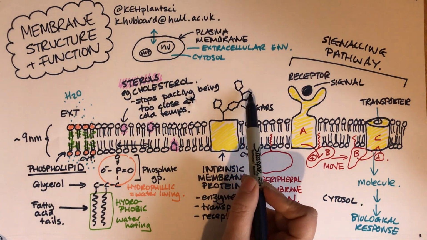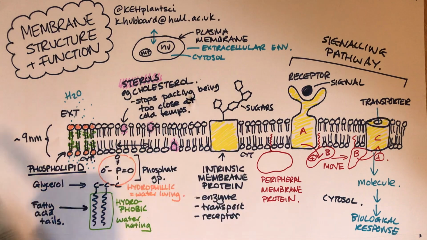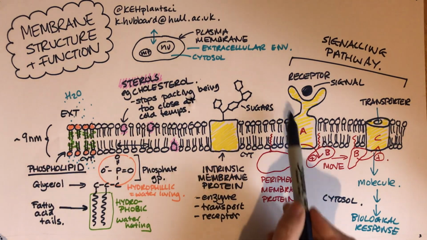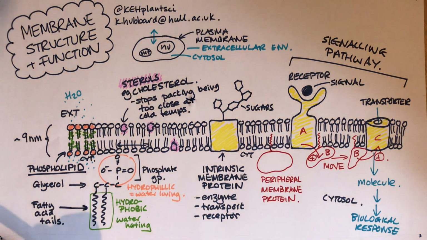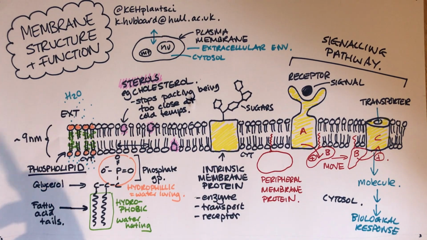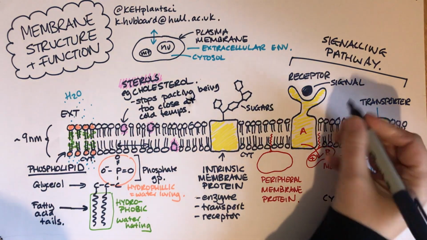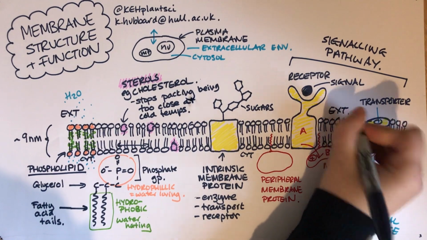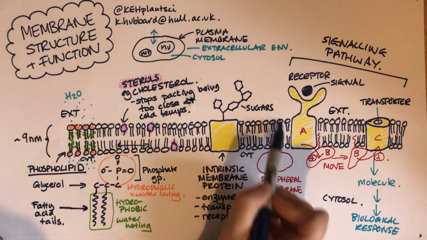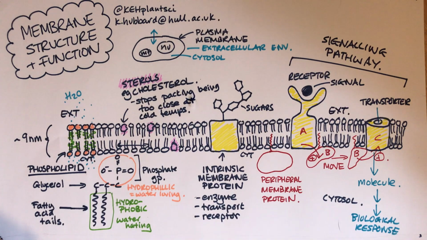They might be modified, particularly might have glycosylation on the outside, and they can start to be organised into signalling pathways that allow cells to respond to what's happening on the outside, the extracellular environment. We might have signals that are being perceived and causing changes in the cytosol to give you a biological response.